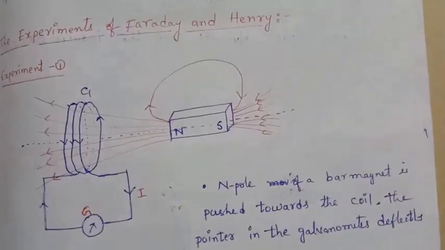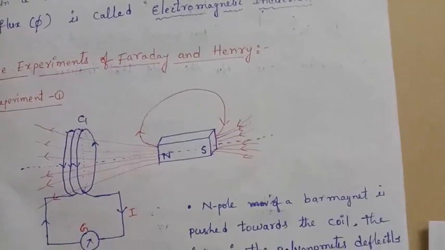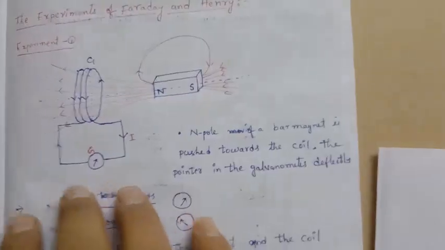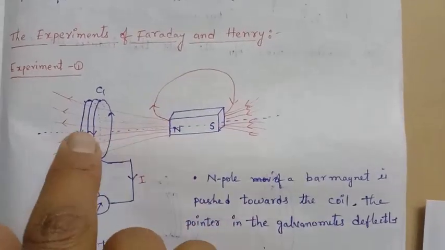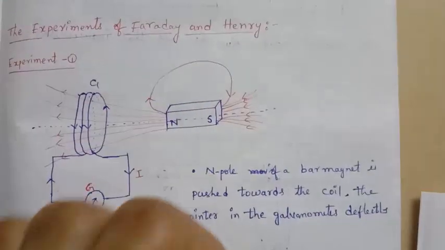You already know the right hand thumb rule. If the thumb shows the direction of the magnetic lines of force, the curled fingers show the direction of the current. But from this diagram, if that is the direction of the magnetic field, the induced current will be in the opposite manner.